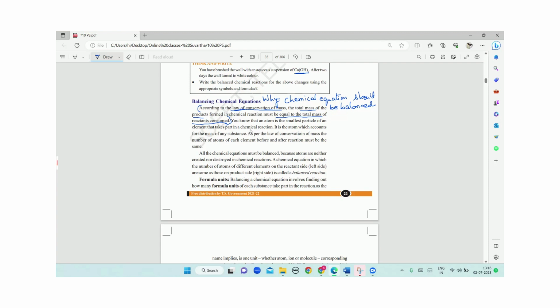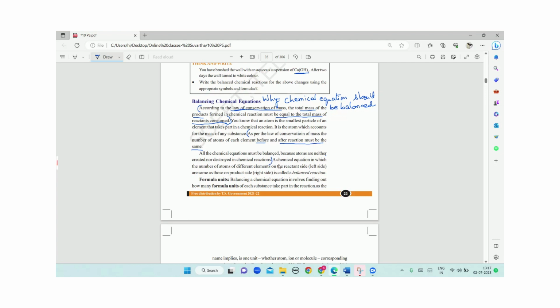In continuation, as per the law of conservation of mass, the number of atoms of each element before and after reaction must be the same. So, all chemical equations must be balanced because atoms are neither created nor destroyed in a chemical reaction.